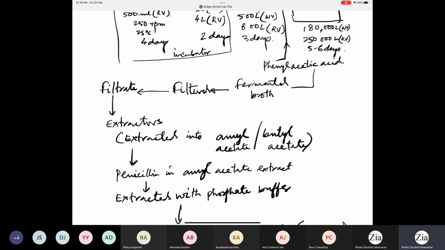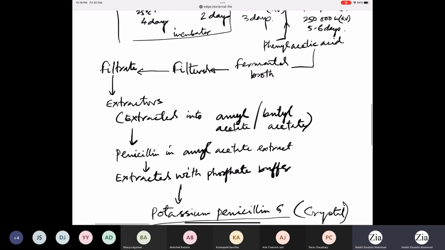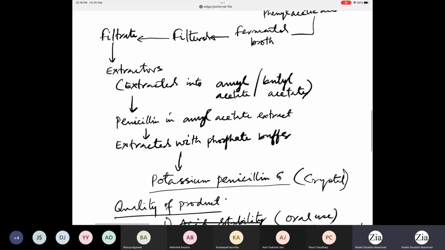And then from amyl acetate, you go to another extractor, a second round of extraction, where you extract the antibiotic using phosphate buffer solution. So in all steps, you are actually using sterile solution. Now, with phosphate buffer solution, if you extract, then finally you end up getting a potassium salt of penicillin.